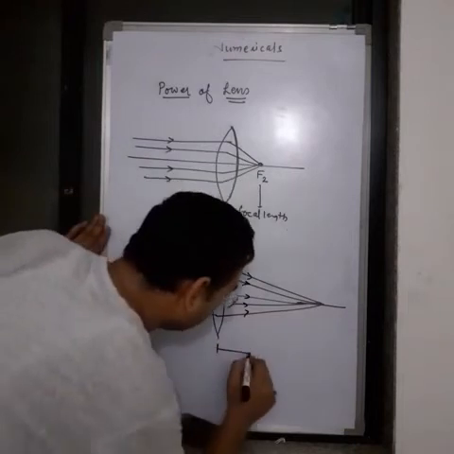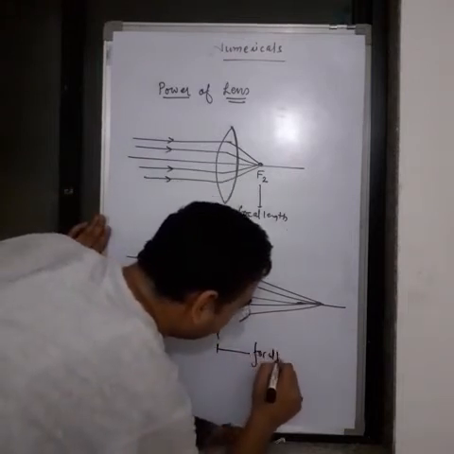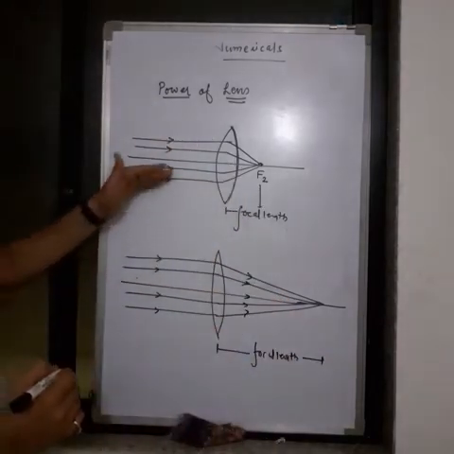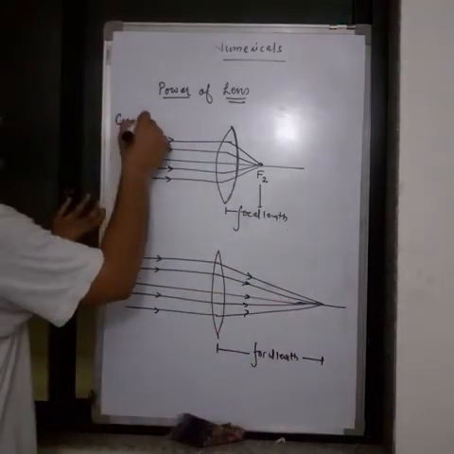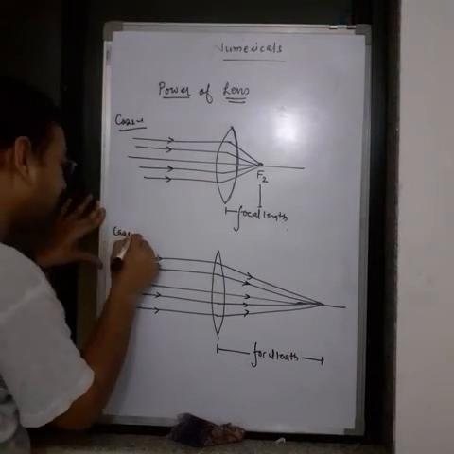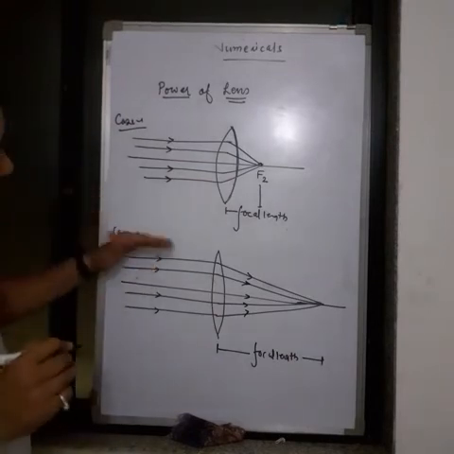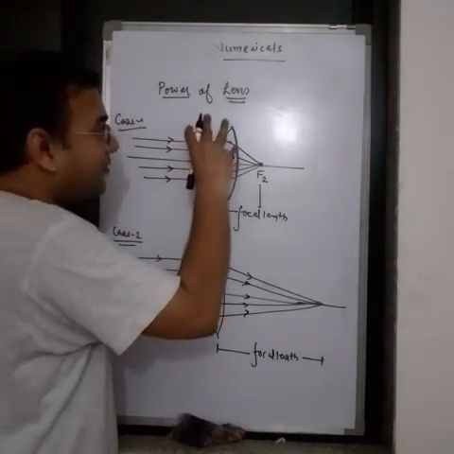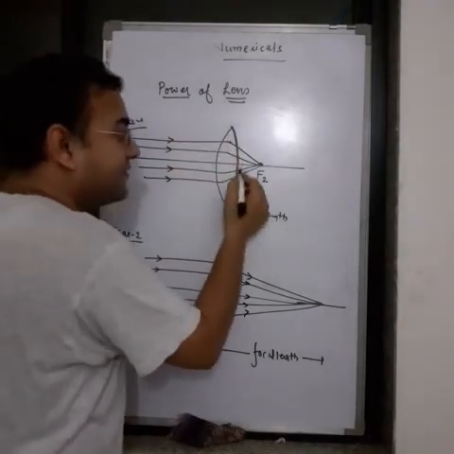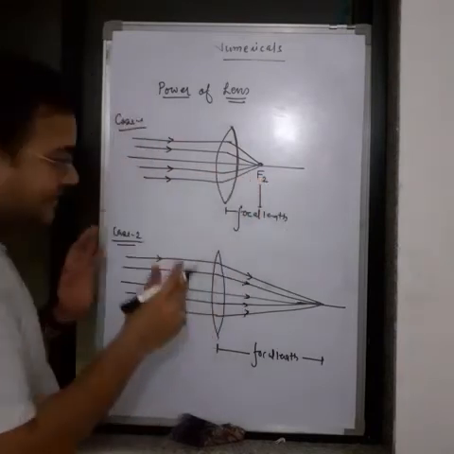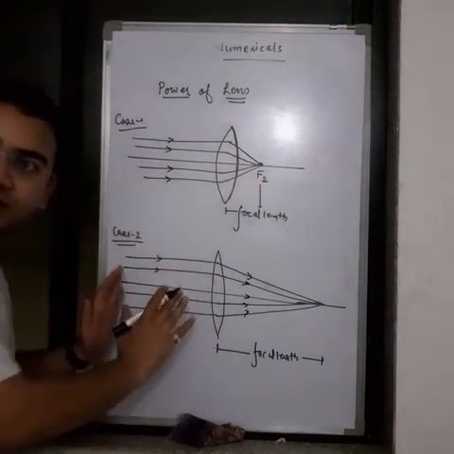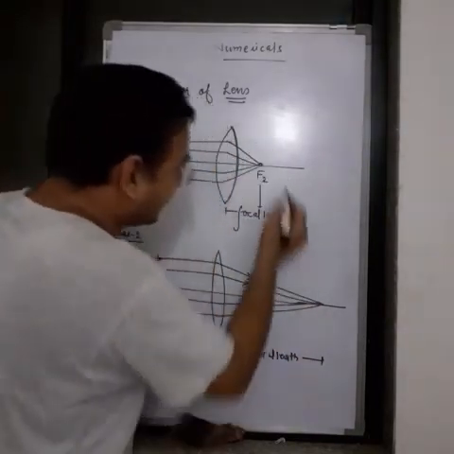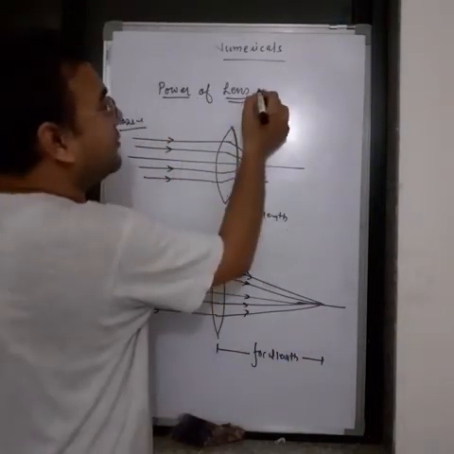So here the focal length is high. This is called case 1 and this is case 2. So if power of lens is high, then focal length is less. If power of lens is small, then focal length is high.